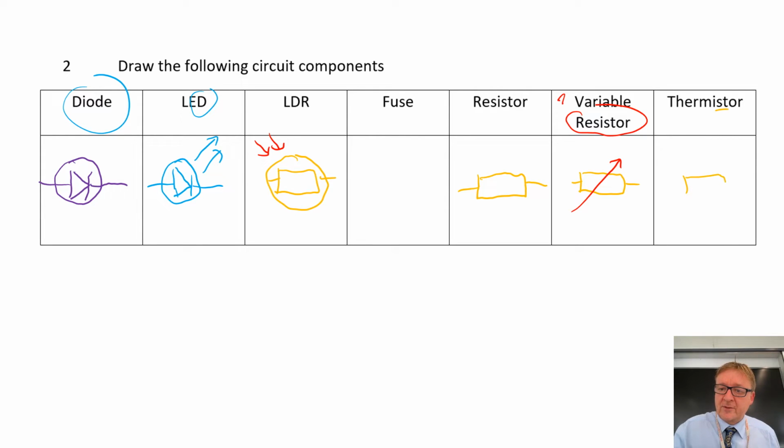So I've got my rectangle, which is my resistor, and this time I'll do it in purple. A thermistor looks a bit like an ice hockey stick that then goes through it. And the final one is a fuse, which again looks like a resistor, but instead the line goes all the way through. It's not wobbly, it's actually a straight line.